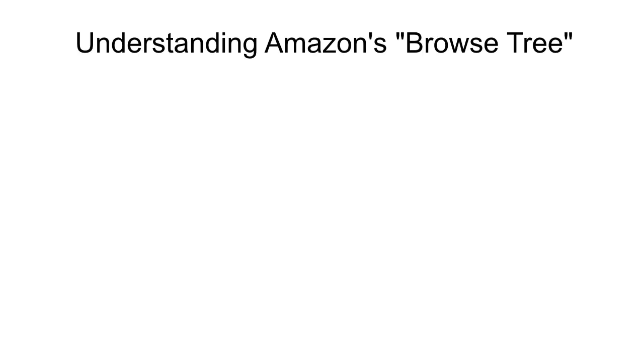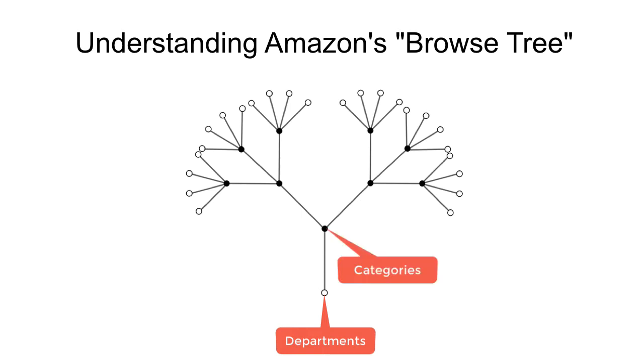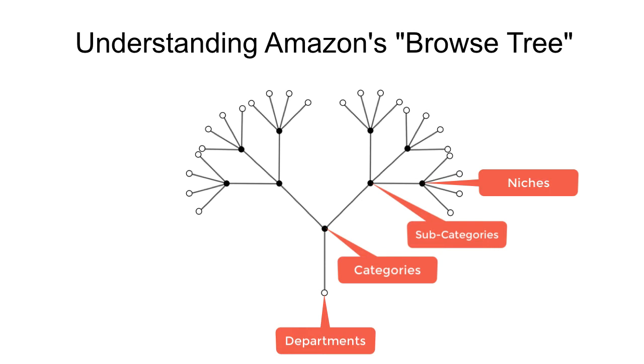Now, if you're going to understand Amazon's browse tree, you need to understand, first of all, that this is what it looks like. Okay? Now here you can see the trunk, which is like the departments, and you can see the major limbs, which is like the categories. You can see the minor limbs, which is like the subcategories, and so forth, all the way down to the nodes.